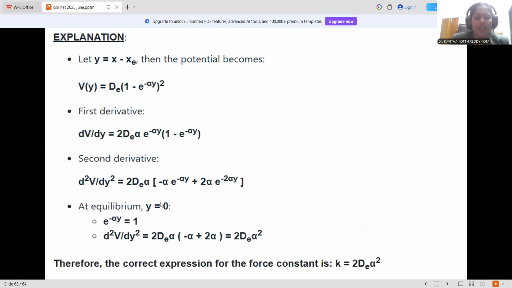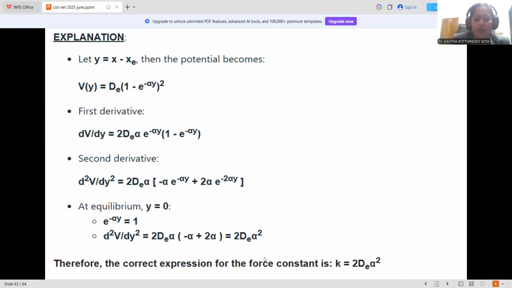At equilibrium, the y value will become 0. At that condition, e^(-αy) is equal to 1. So if you substitute this value in the above equation, the second derivative becomes 2Deα(-α + 2α), which is equal to -α + 2α. Taking the entire calculation, 2Deα² is the correct answer.